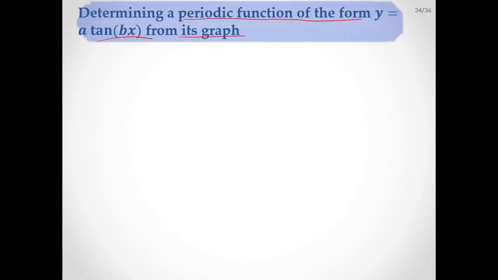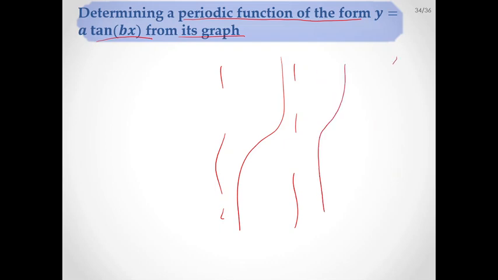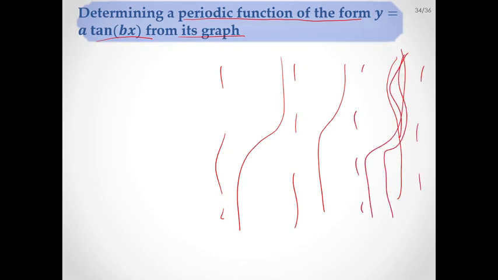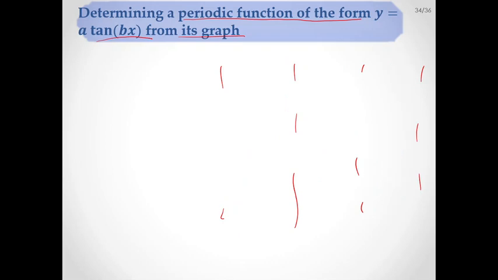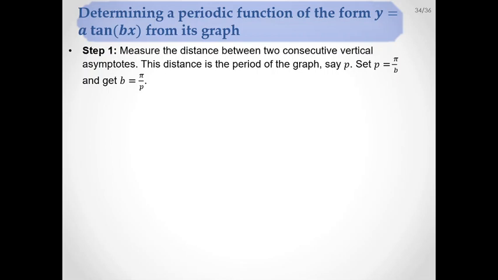So basically, if it's not a sinusoidal graph, cosine or sine, and if it has vertical asymptotes like this, and it has a similar behavior all the time, with the vertical asymptotes, it will give you a tangent function. Then you can use this tangent function to specify its formula.